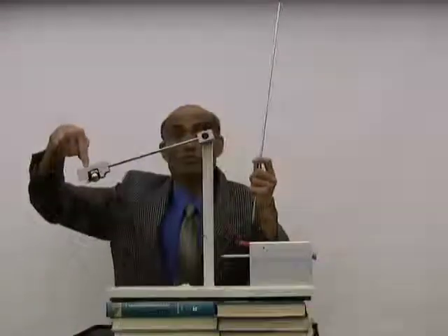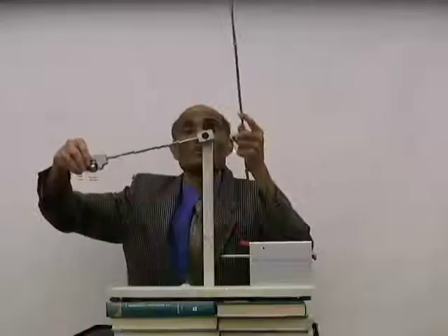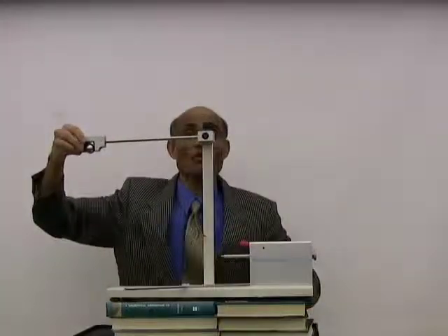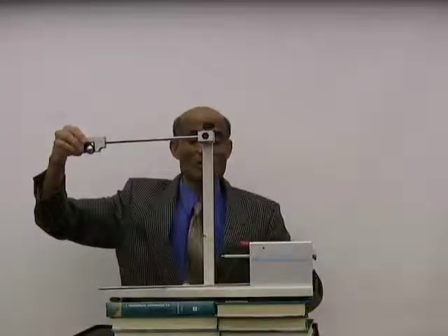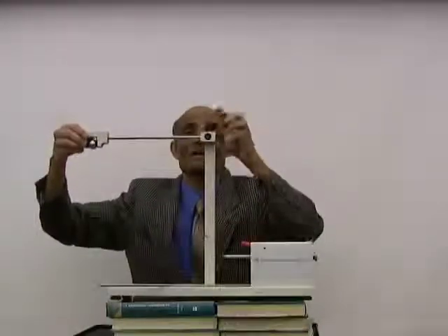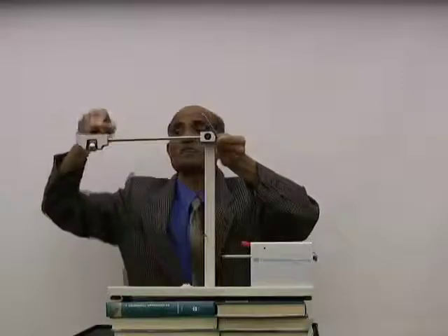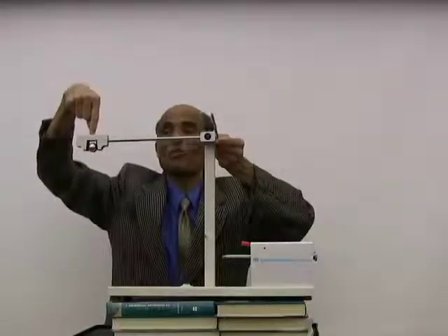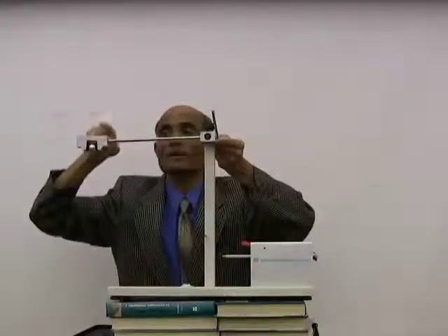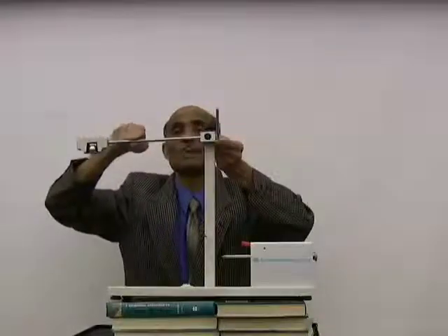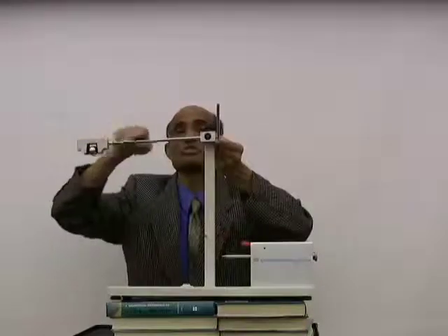One, the amount of force, and two, the perpendicular distance between the force and the axis of rotation. Again, if this is the axis of rotation and the force is directed downward, the perpendicular distance between the force and the axis of rotation is this distance.